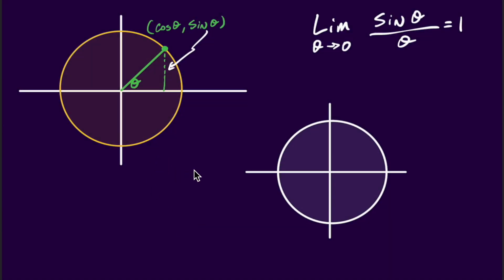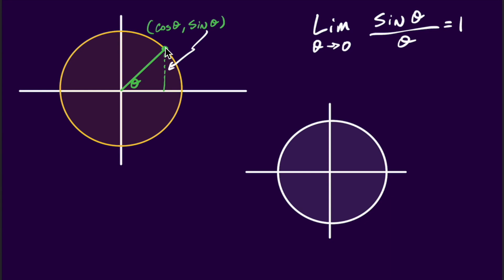Okay, so next we're going to endeavor to prove this classic limit number 1. Limit as theta goes to 0, sine of theta over theta equals 1. Now folks, we know that in the unit circle, if we pick a spot on the unit circle, the x coordinate here is going to be the cosine of that angle, and the y coordinate is going to be the sine of that angle.